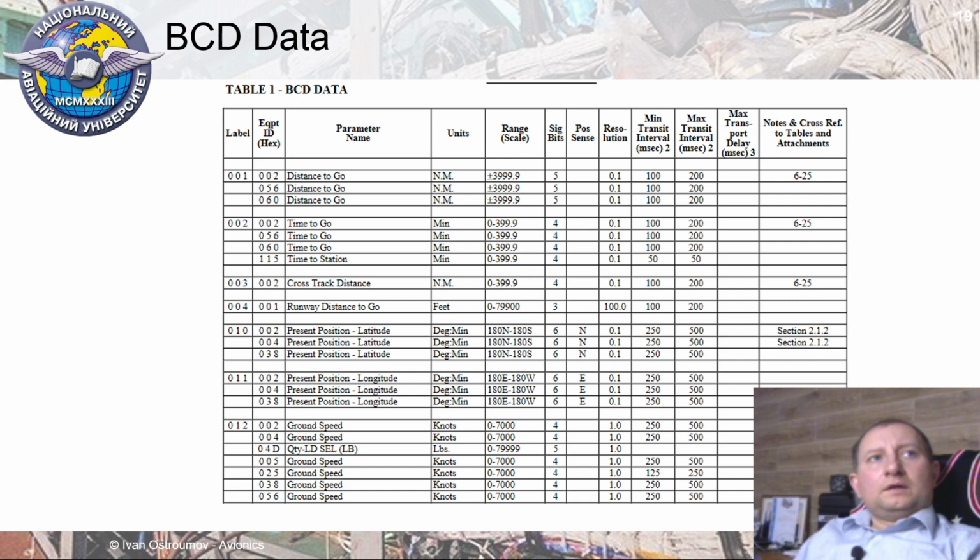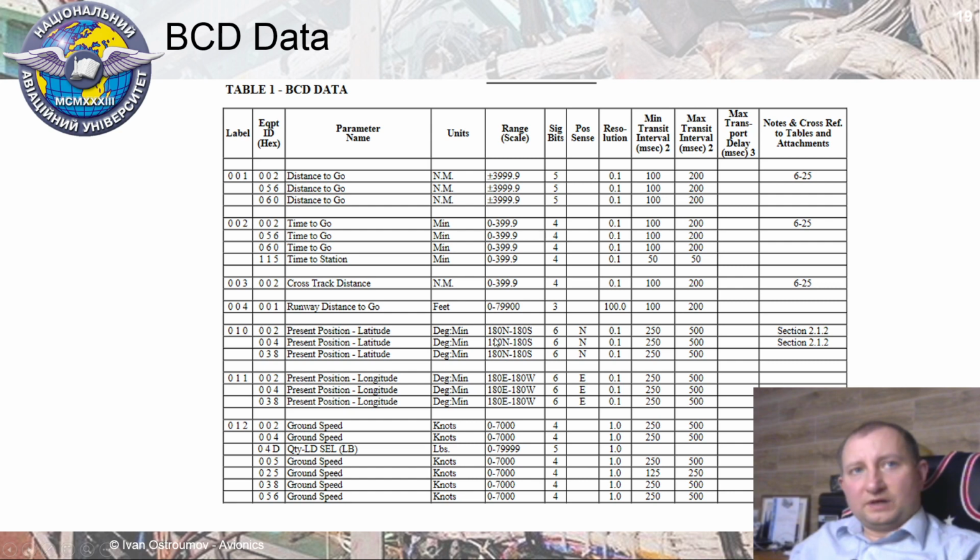Here in another table we can find the label. Thus, for latitude and longitude, we need to use the 10th and 11th number of transferred data. Then we see the range of transferred parameters from 180 north to 180 south.